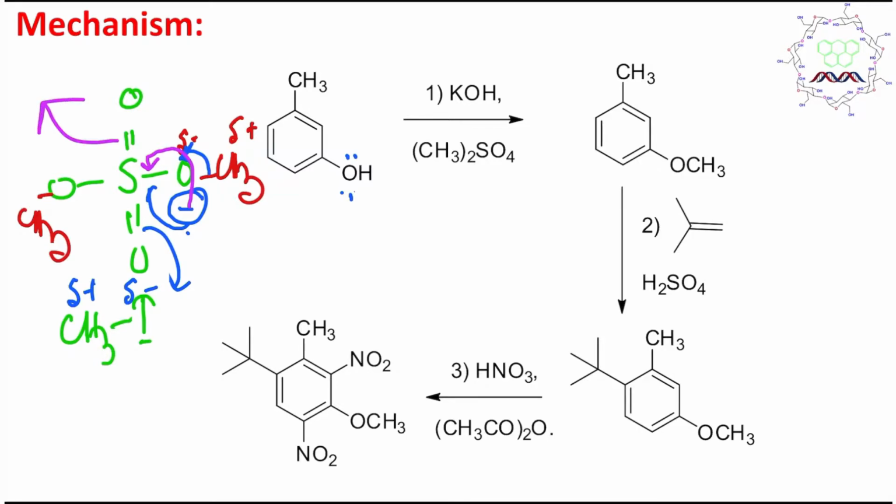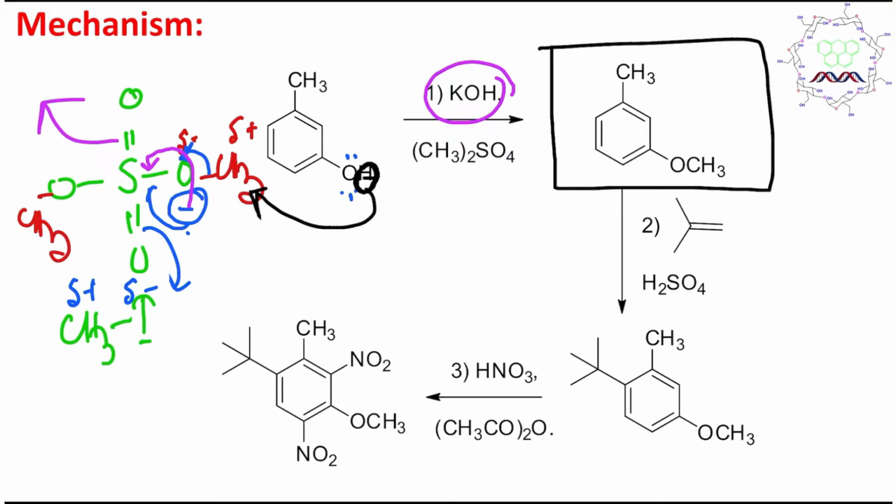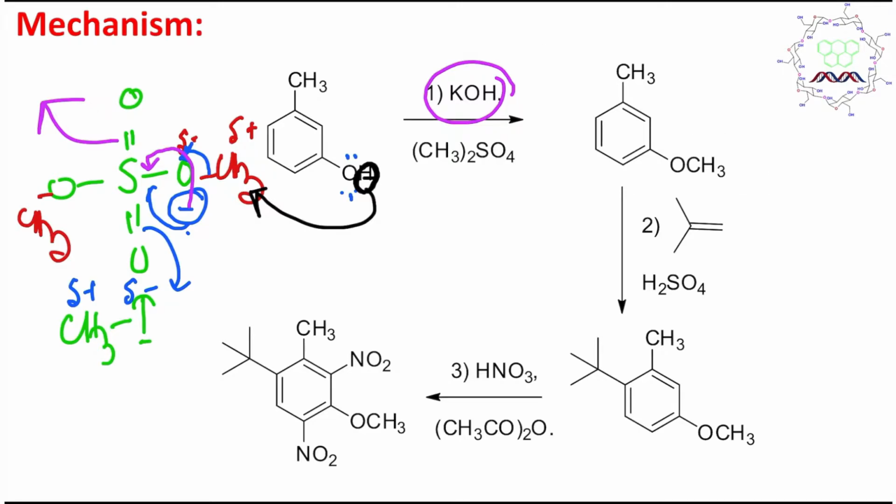So the first stage is that KOH acts as a base. It deprotonates the OH into O minus such that this Cresol becomes a better nucleophile. Then it attacks this methyl group and ultimately gets converted into this ether, this OMe derivative.